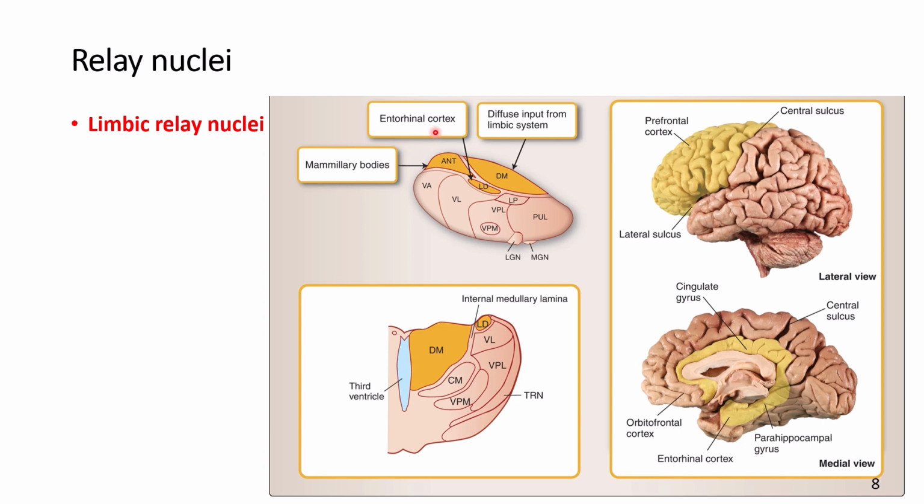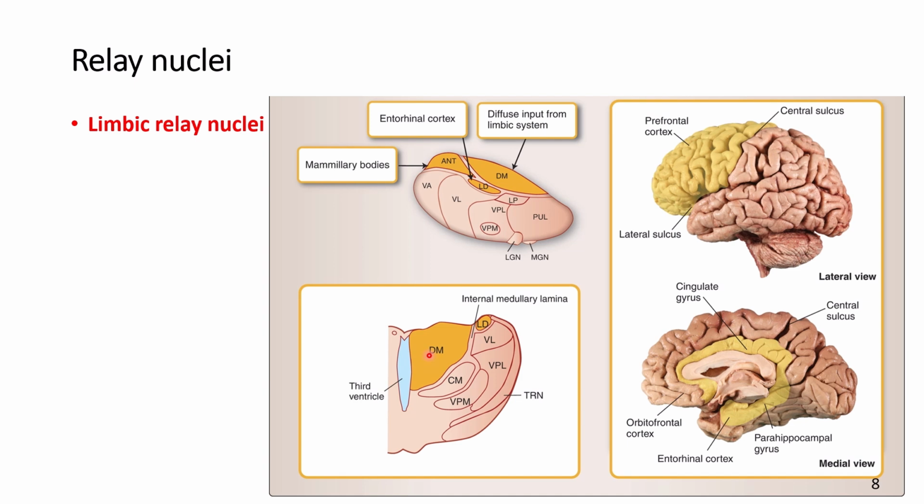Entorhinal cortex, you can see this area, is connected to the lateral dorsal nucleus, and information coming from different parts of the limbic system goes to the dorsomedial nucleus. So this is dorsomedial nucleus.